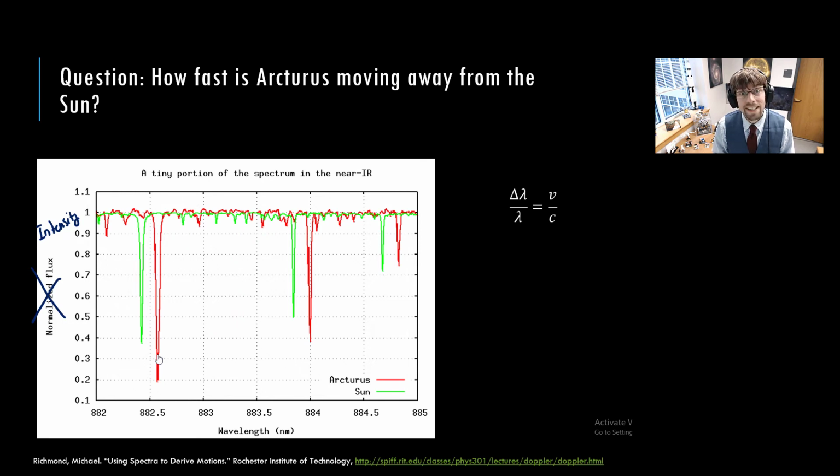You got it? Good. And now hopefully you can see an idea about what I mean by delta lambda, the shift. Let's go ahead and assume that the sun is stationary. So this is where the absorption line should be, and this is where it's measured to be for Arcturus.